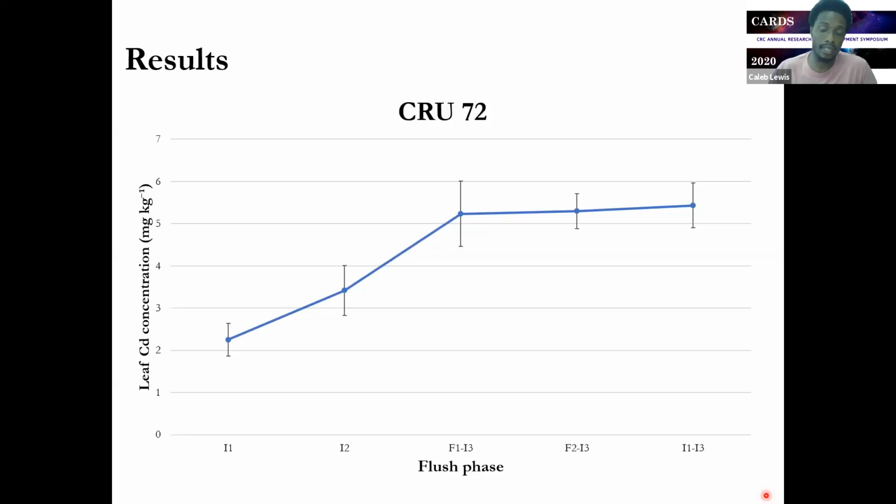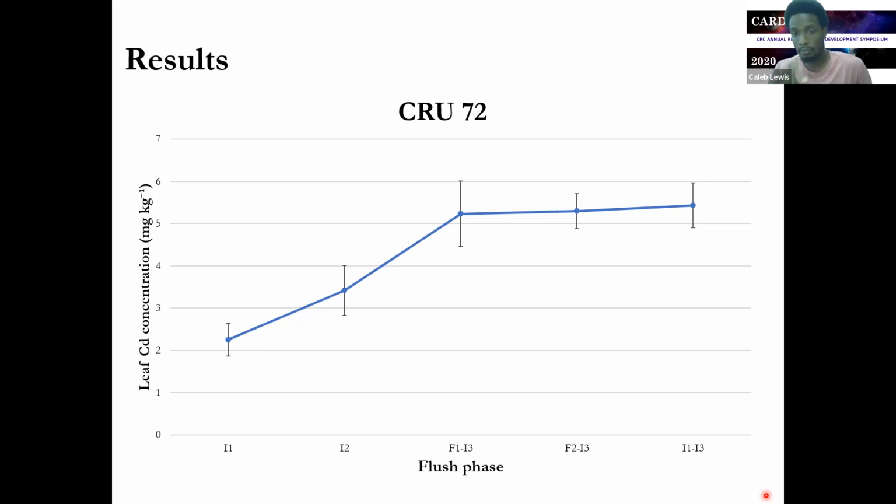Now, what I also looked at, of course, is the concentration of cadmium in the leaves. Even though what we saw before, where as the mass of the leaf increases, the content of cadmium in the leaf increases, we're not seeing that same trend here. So what we're seeing is that the concentration steadily increases until the beginning of interflush 3.